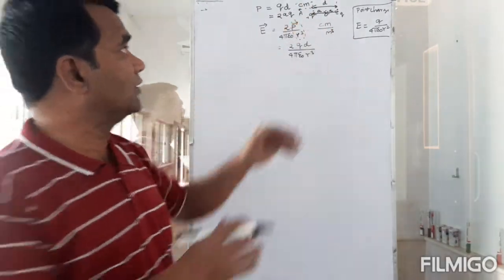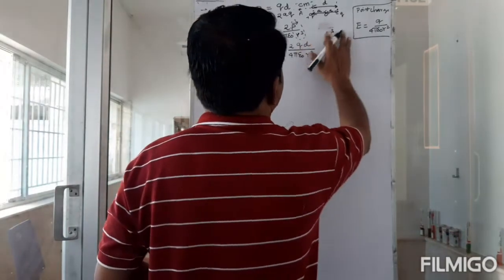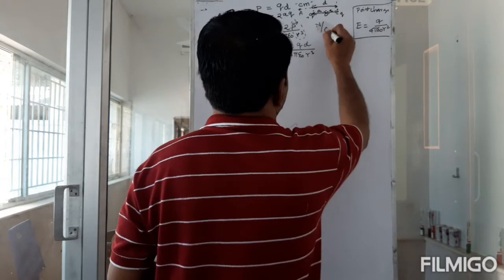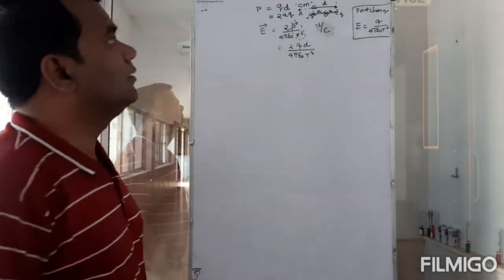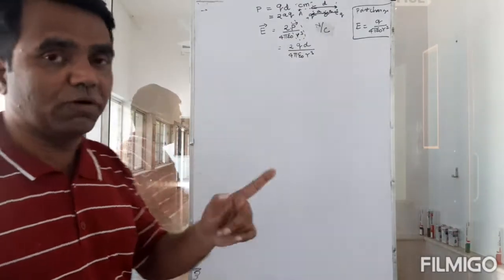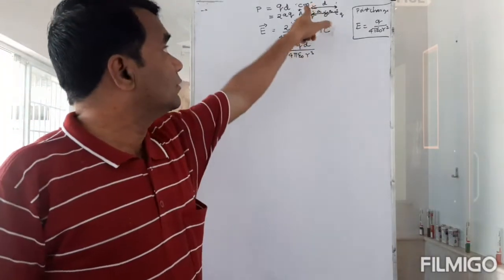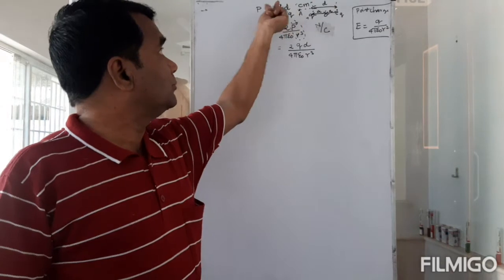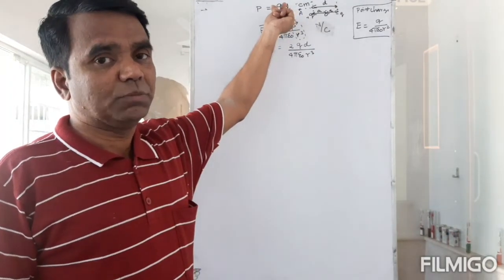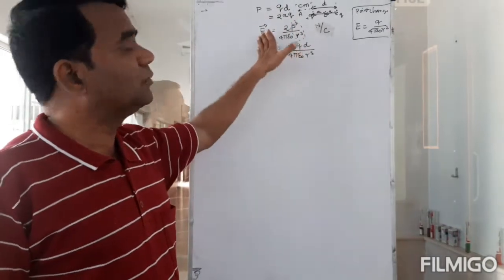The unit for E here is also going to be Newton per Coulomb only. That's the point I was trying to make. So there are 2 points: one is the unit for p, the electric dipole moment, and then the unit for E.